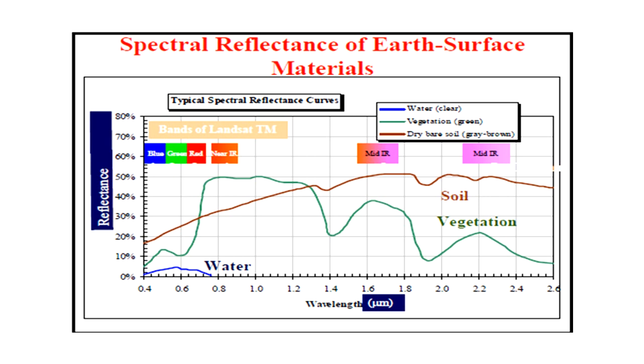And there are some other materials also, there may be different types of rocks. Each material will have different curves, and the horizontal scale, that is the wavelength, we have already studied.